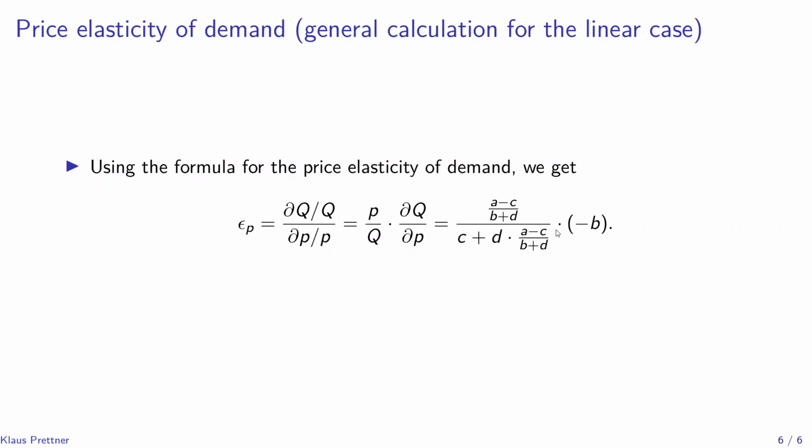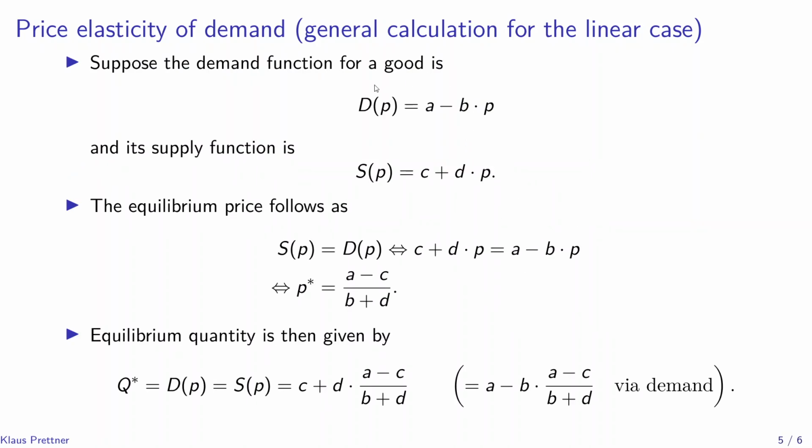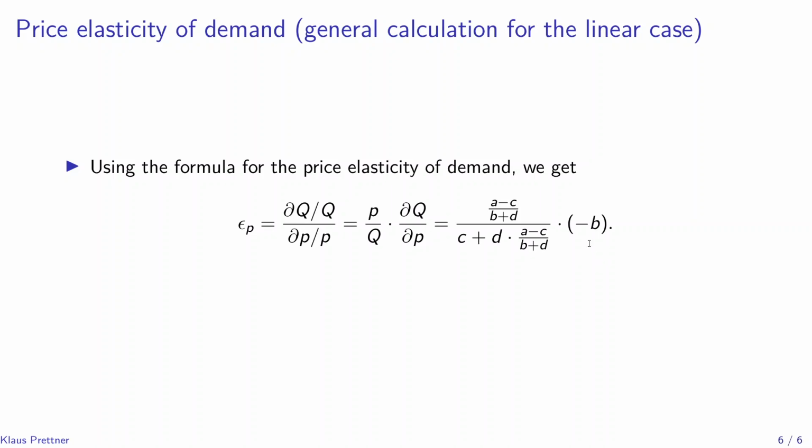And finally, we need to have the derivative of quantity with respect to the price that we get from the demand function directly. So the derivative of this with respect to p is equal to minus b. So the price elasticity of demand in this case would be this expression, which are all parameters. So we can just plug in the corresponding numbers if we have a particular case and then calculate the number that is associated with the price elasticity of demand.